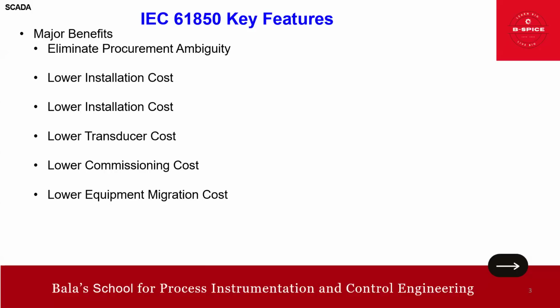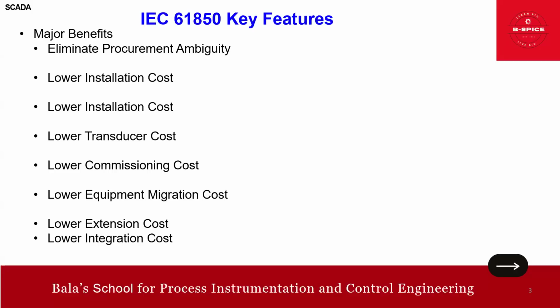So thereby we also reduce the migration cost. Then not only migration, it also reduces the extension cost. Because IEC 61850 devices don't have to be configured to expose data, new extensions are easily added to the substation without having to reconfigure devices. So that is about the lower extension cost.